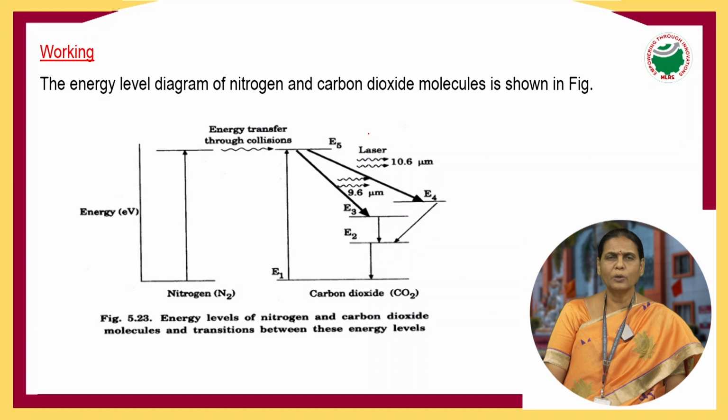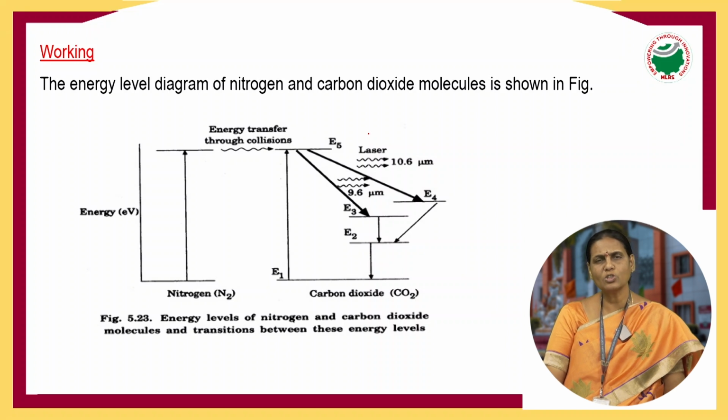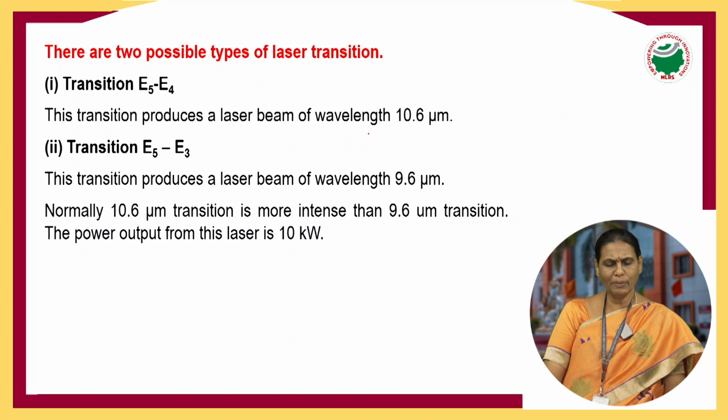So here it produces 2 wavelengths. That is because E3 and E4 are two metastable states, so when the excitation from E5 to E4 happens, one wavelength is produced. That is 10.6 micrometers. One wavelength when it comes from E5 to E3 produces a laser output of 9.6 micrometers wavelength. This is a very high powerful type of gas laser. Why? Because this is particularly used for the cutting process of diamonds, very big molecules.